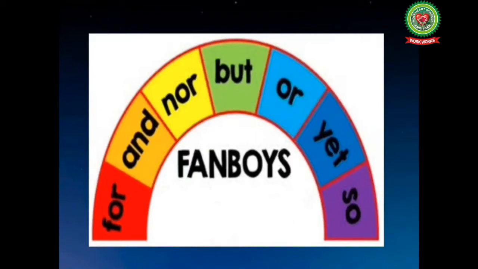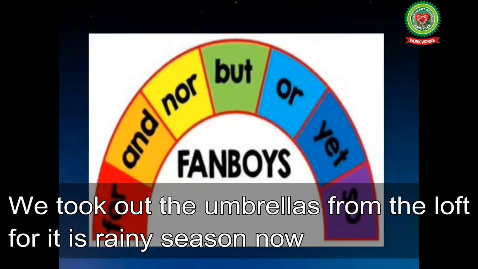Now first, for. For is used like because. It presents reason. But keep in mind, because is a subordinating conjunction, whereas for is a coordinating conjunction. For example, we took out the umbrellas from the loft, for it is raining season now.